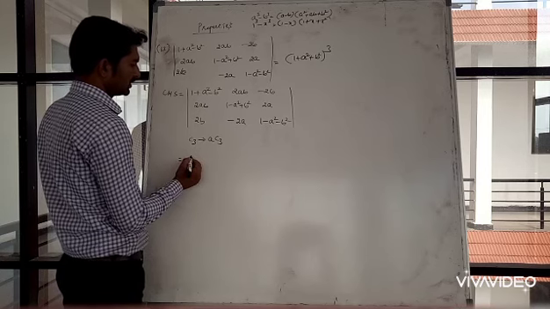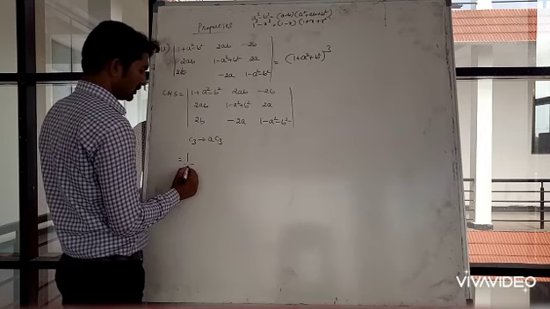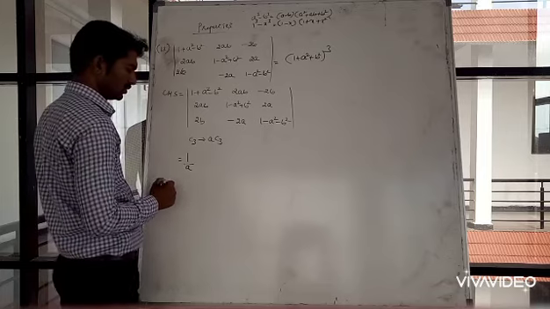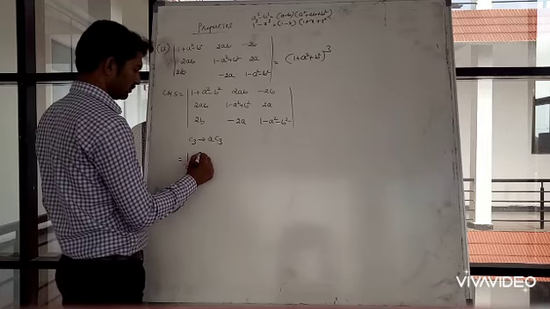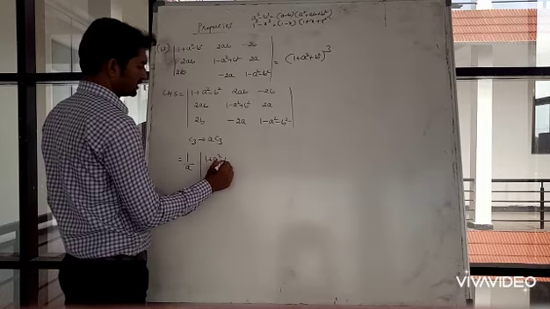So what happens here? If you multiply, then 1 by a multiplication and division. That's why 1 by a will become, 1 plus a square minus b square.